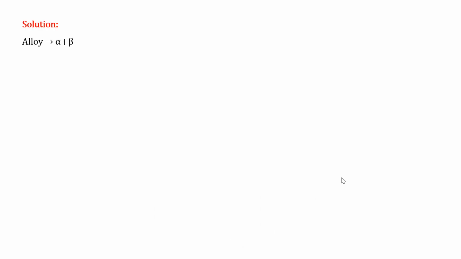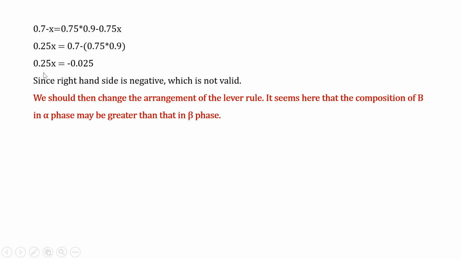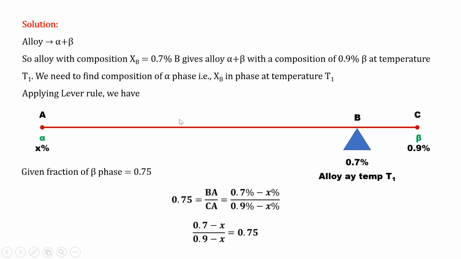If you are assuming it to be less than 0.7, this will be the diagram that you are drawing, right? In that case, once you solve, you will be getting x as minus 0.1. So this is the equation that you're getting so far?